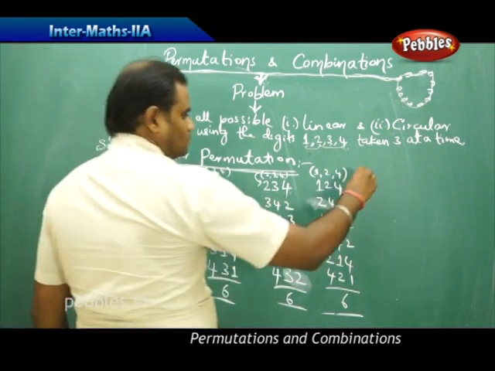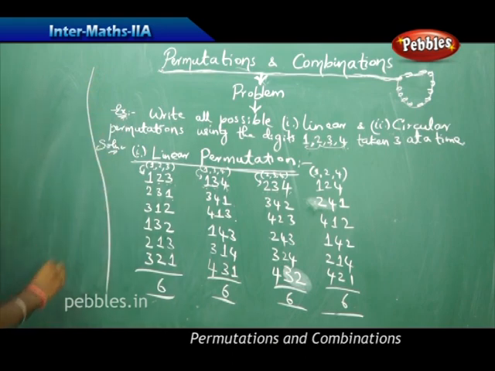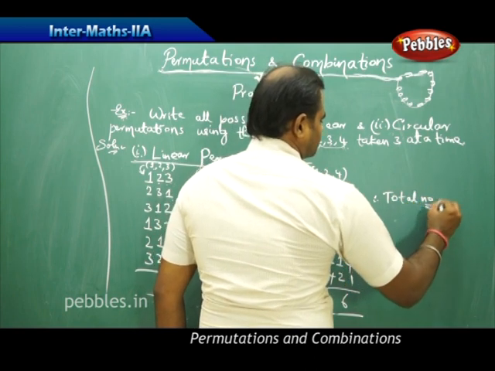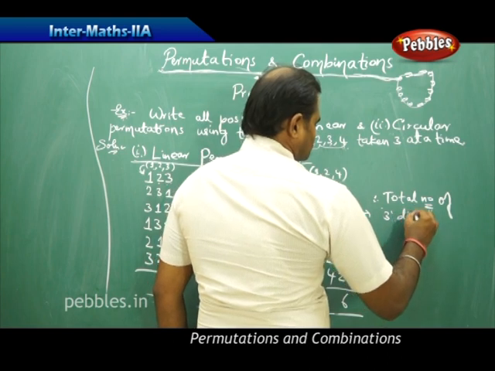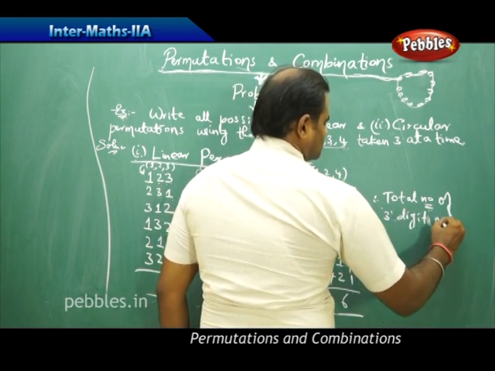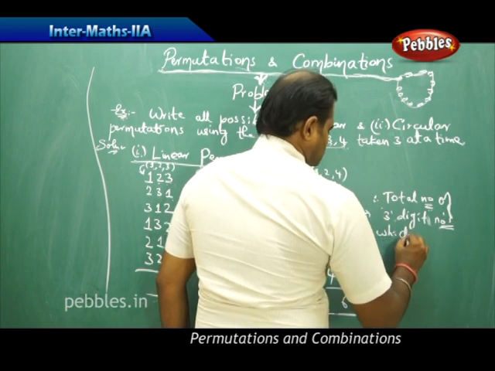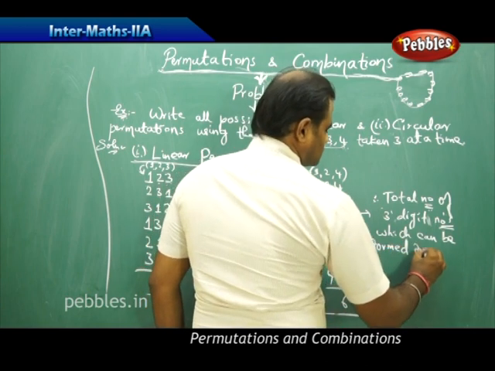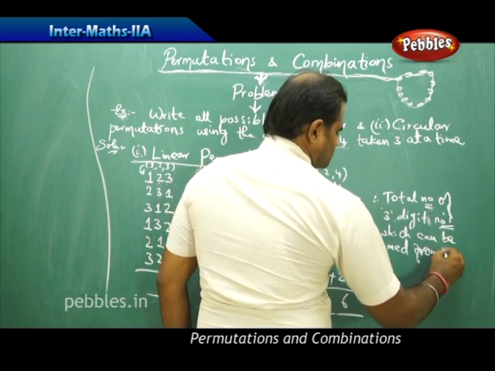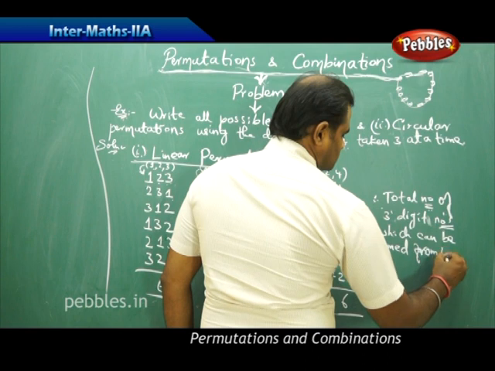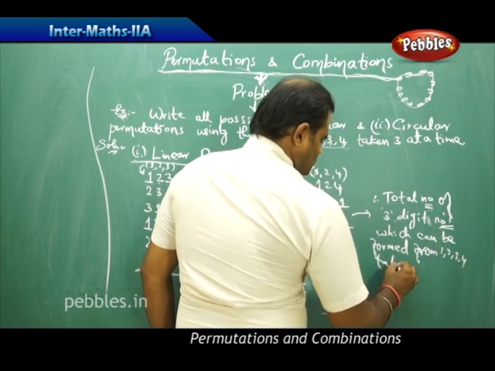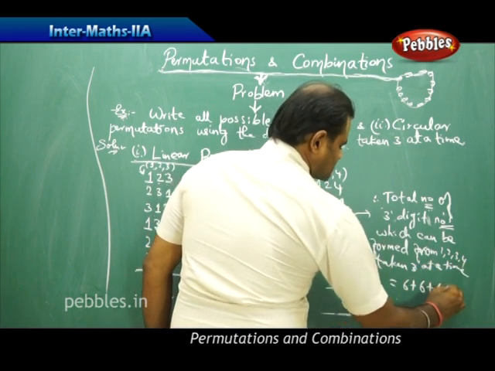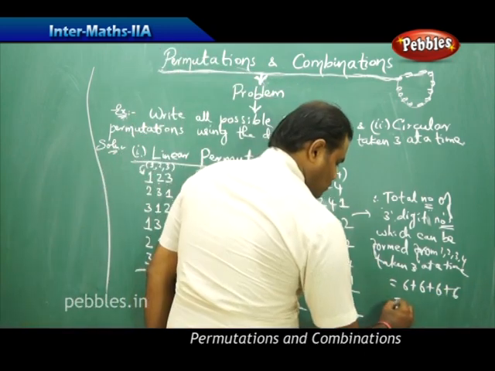Therefore, the total number of 3-digit numbers which can be formed from the elements taken 3 at a time will be 6 plus 6 plus 6 plus 6, which on adding gives me 6 fours are 24.